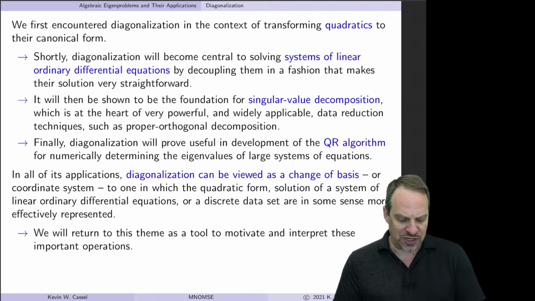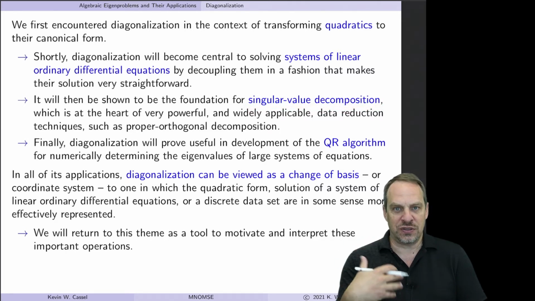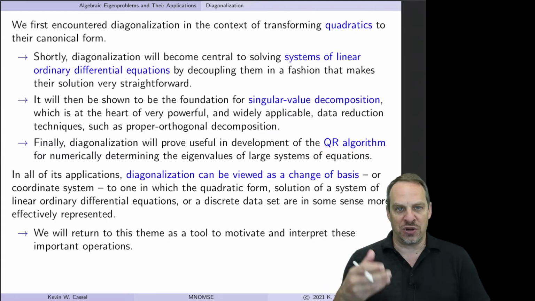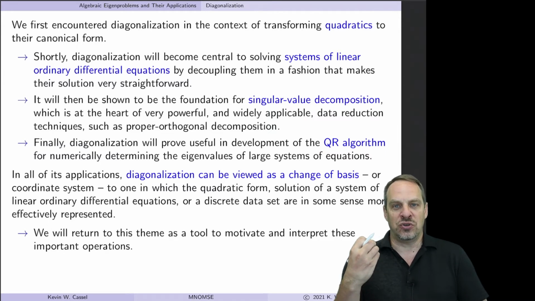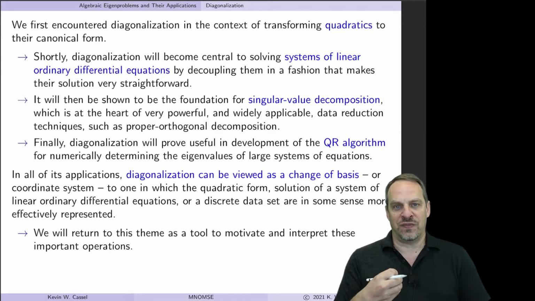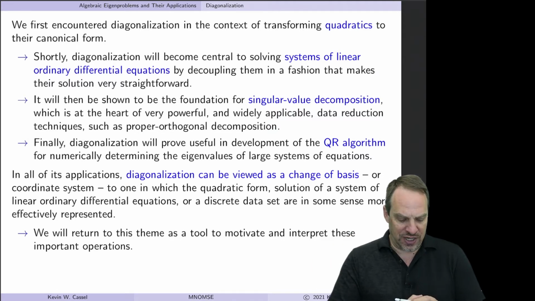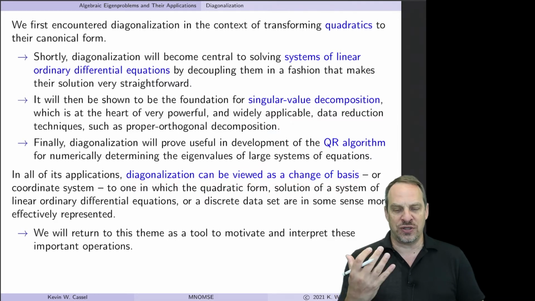In addition, SVD, or singular value decomposition, is also based on this diagonalization process. And then I've also mentioned a couple times the QR algorithm, which is a numerical algorithm that we use to get the eigenvalues and eigenvectors using a computer for large matrices. And that is also based on this idea of diagonalization, as we'll see. But in all of these cases, diagonalization can be viewed as a change of basis, a change of coordinate system.